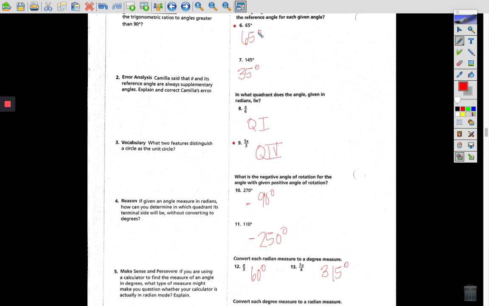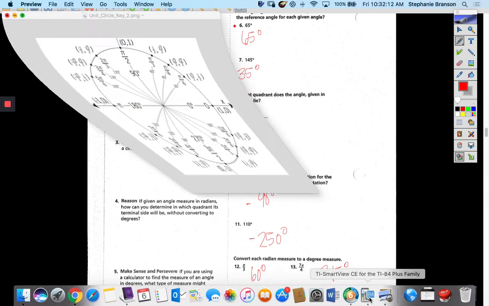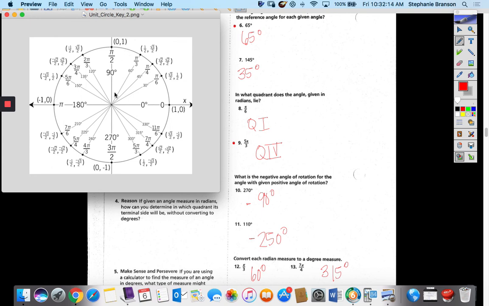Allie, for number 6, basically the reference angle wants to know what is it closer to on the x-axis. So if you're looking at your unit circle, 65 degrees is about in here, right? So it's definitely going to be closer to 0 than 180, right?